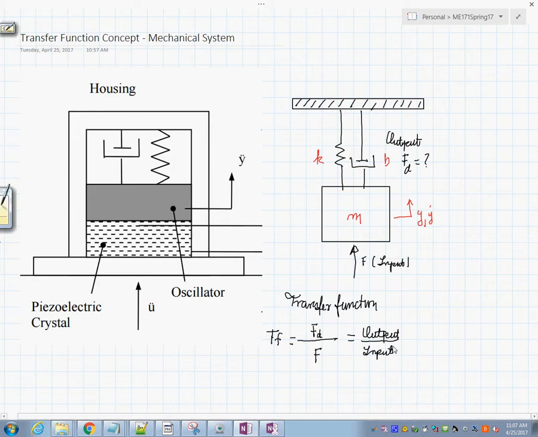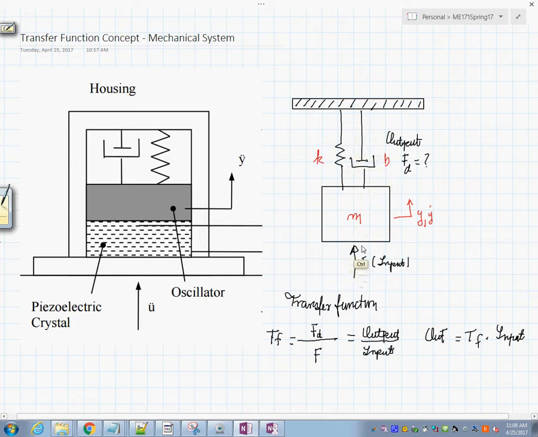So why do we do this? We do this with some purpose, because we can always say that the output is equal to the transfer function times the input. So let's say our objective is to find out this force over here.